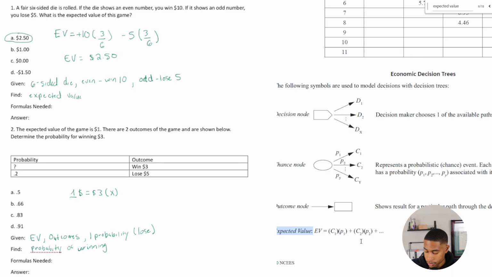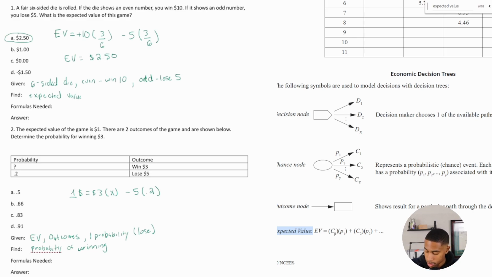All right. What's the next outcome? We lose $5. And then what is the probability that we lose $5? Well, 0.2 or 20%. All right. Is there outcome 3? No. So now we solve. You solve.